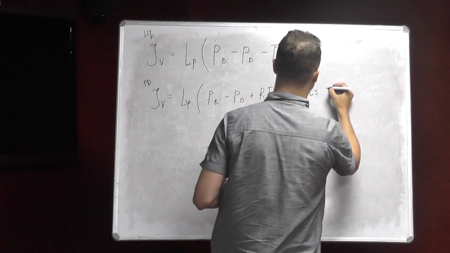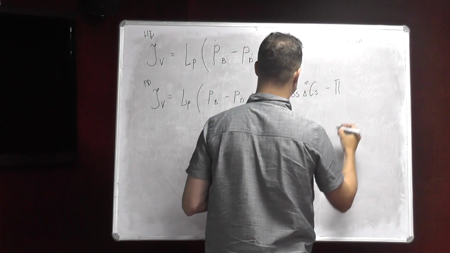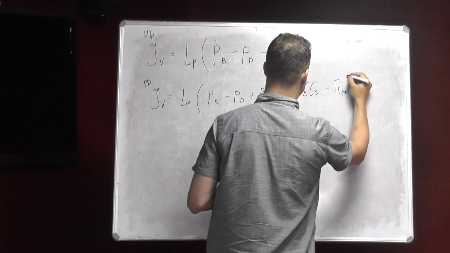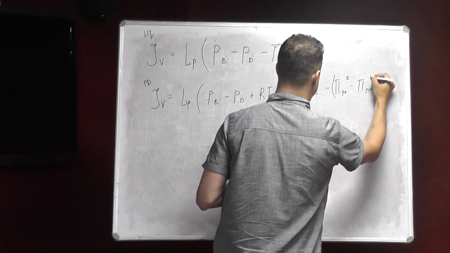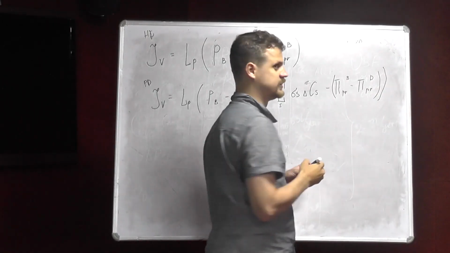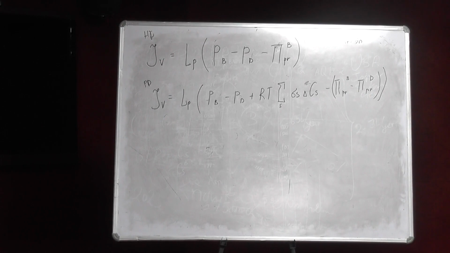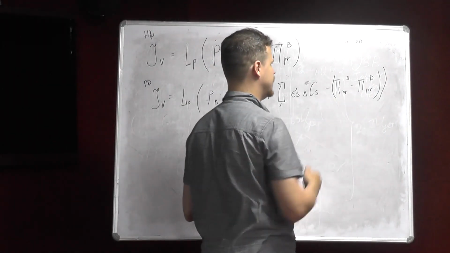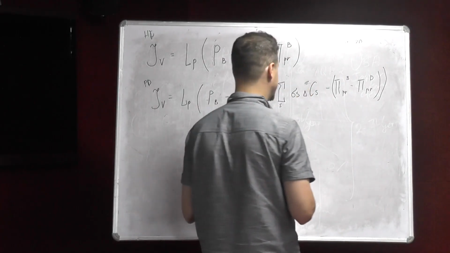We also have to take into consideration the contribution of the oncotic pressure of the blood and the oncotic pressure of the dialysis solution, because in peritoneal dialysis some amount of protein will be transported by means of diffusion or convective transport through the peritoneal membrane, and there will be a small presence of protein within the peritoneal dialysis solution.